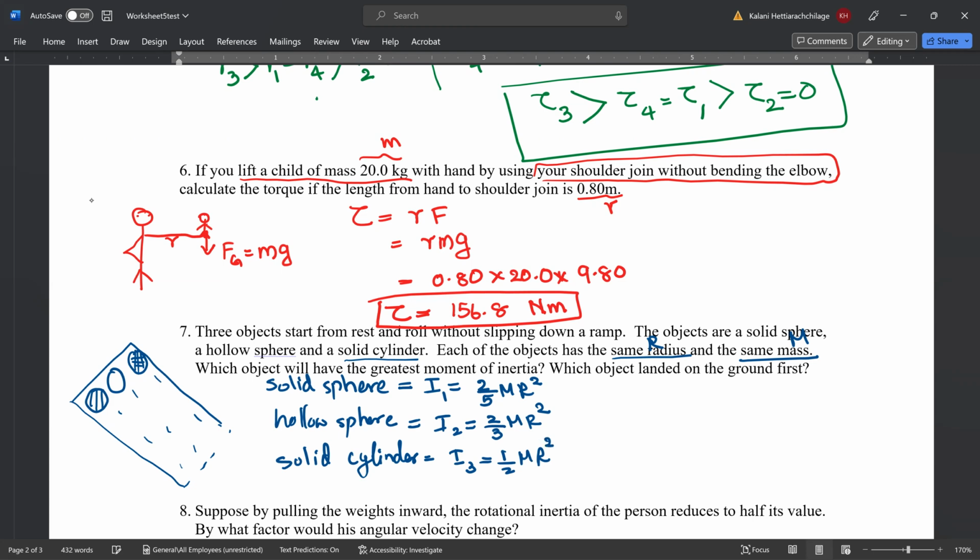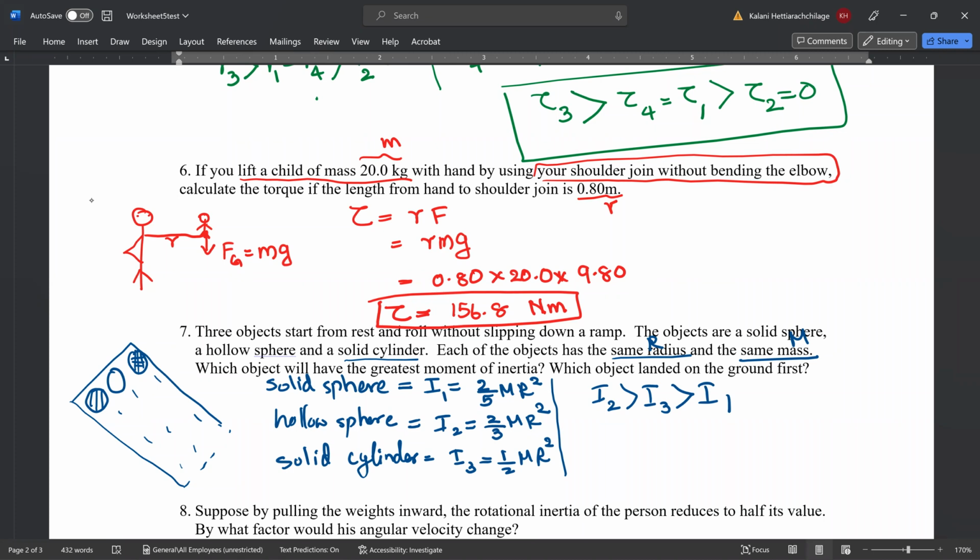Since m r squared is the same, the coefficient is what matters. 2/5 is 0.4, 2/3 is 0.6667, and 1/2 is 0.5, right? By watching these coefficients, you can see which one is greatest. The greatest is I2. Next will be I3, and next will be I1.